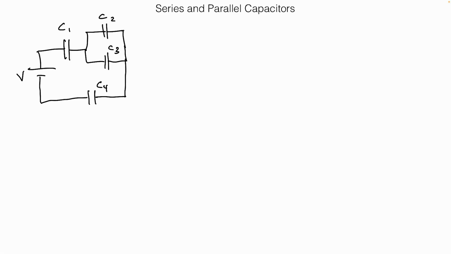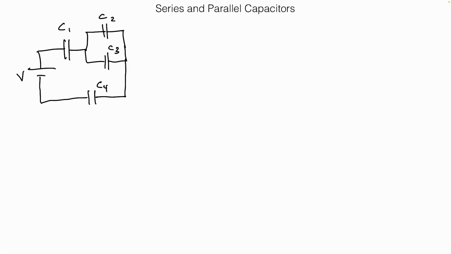Is there anything here that jumps out at you that you could tell me for sure about the connections between capacitors? You're looking at this diagram. I want you to tell me what's in series and what's in parallel. Is there something you are 100% sure is in parallel? Yes. Which ones? 2 and 3.